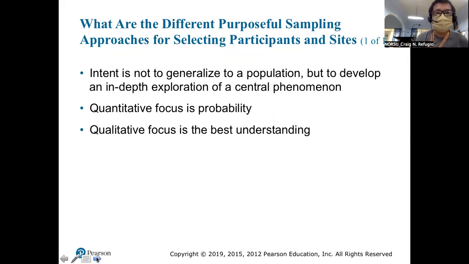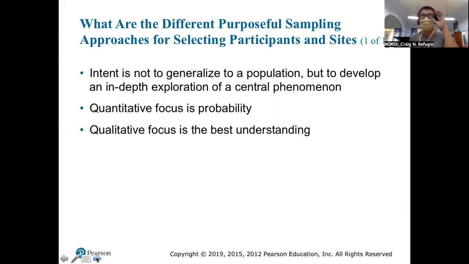So what are the different purposeful sampling approaches for selecting participants and sites? This is actually based on purposive sampling design under non-random sampling design. So the first bullet, intent is not to generalize to a population, but to develop an in-depth exploration of a central phenomenon.